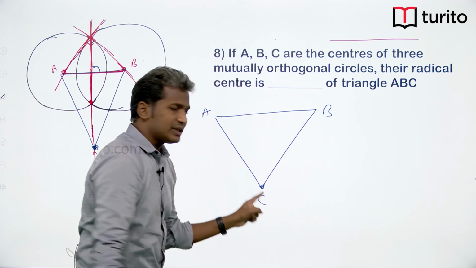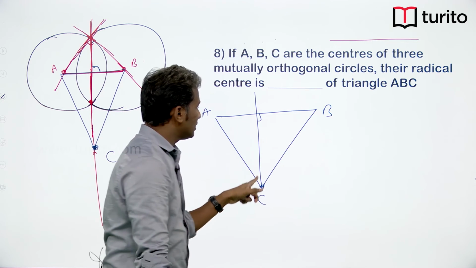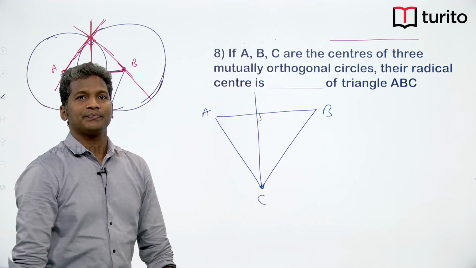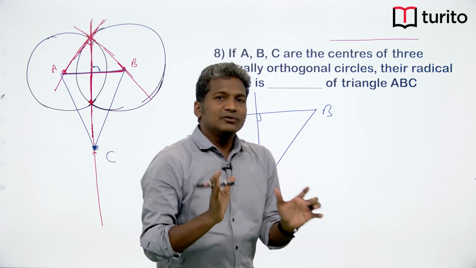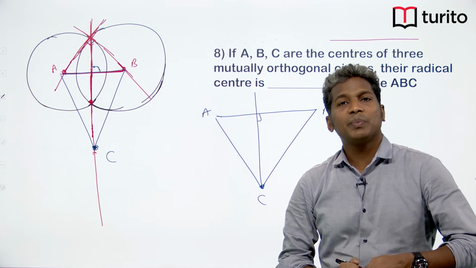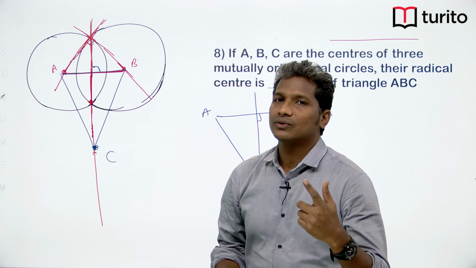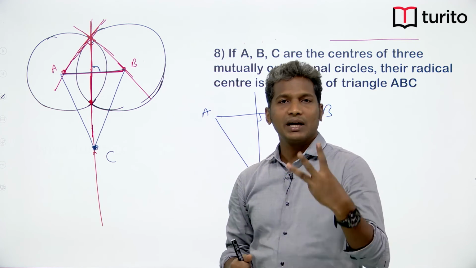Now, passing through C and perpendicular to AB, whatever line I get is going to be the altitude. So, here it is confirmed that the radical axis I am going to get for each pair of circles is going to be an altitude of the triangle. So, that means three altitudes.